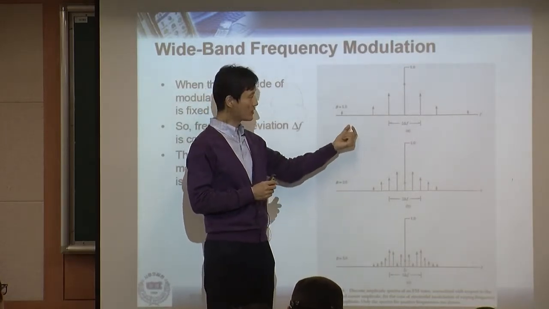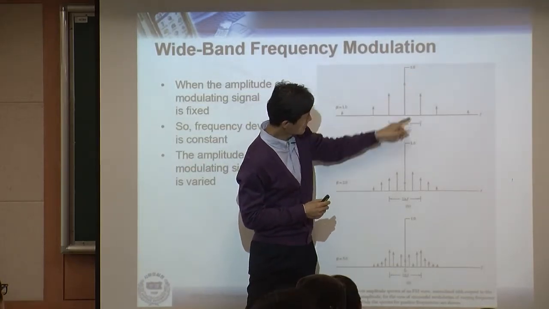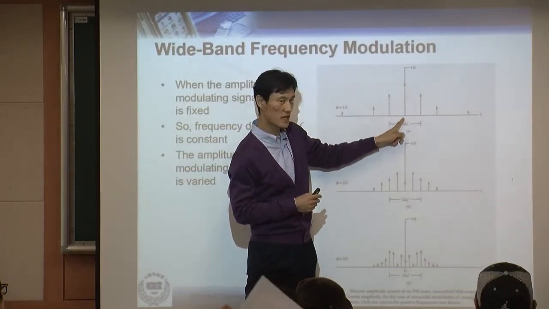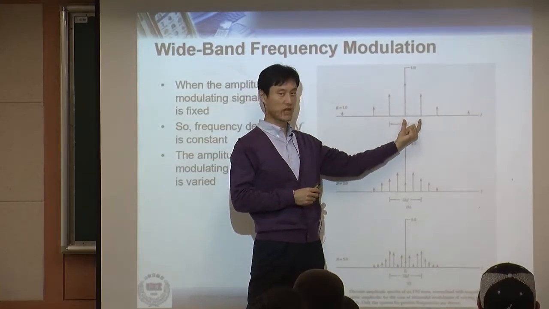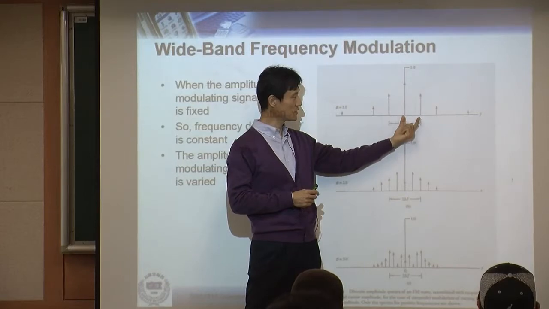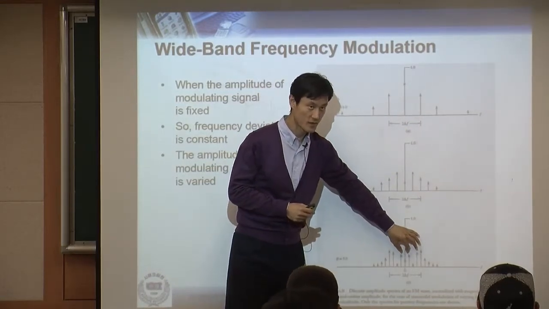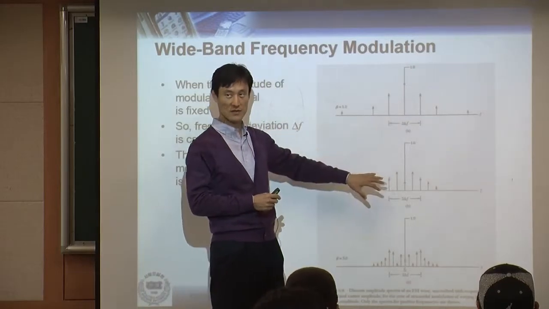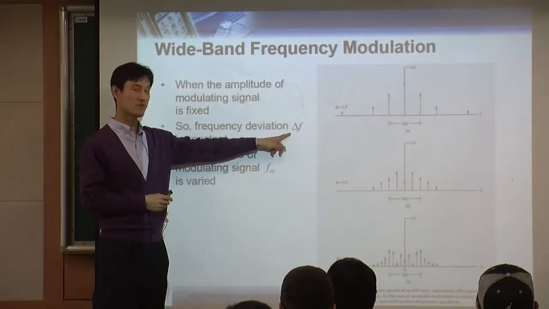Right? So in this case, you see the Fm. The middle one is always Fc. The next one is Fc plus Fm. So this much is Fm. And you see that this Fm is different from this Fm and this Fm. You see the different Fm values, right? Because we have a different beta value. But delta F is fixed.